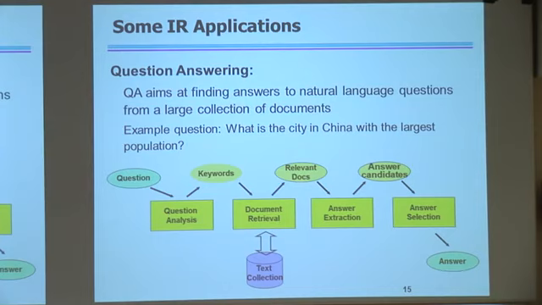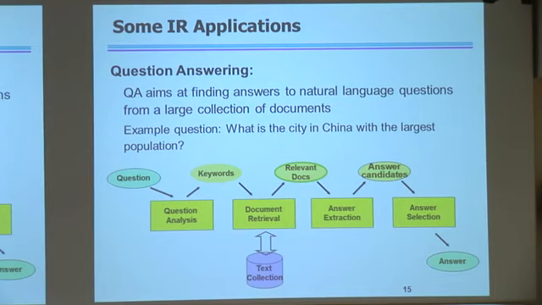The first one is question answering. This means we want to identify the answer to the user query directly. Let's say the question is, what is the city in China with the largest population? The system is pretty complicated. In the first step, we want to extract important keywords from the user question. In this case, this may be city, China, largest population. And then we do retrieval. We get back a bunch of relevant documents.